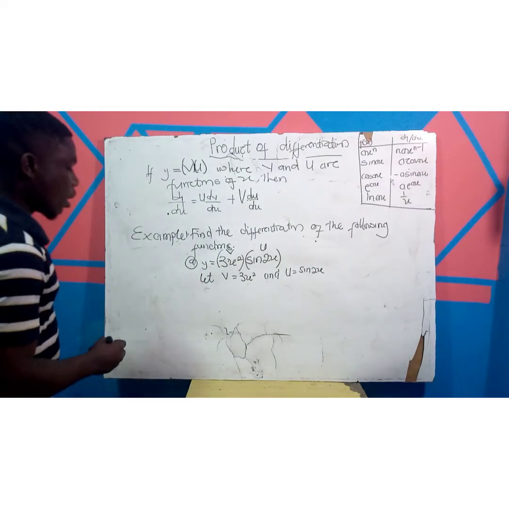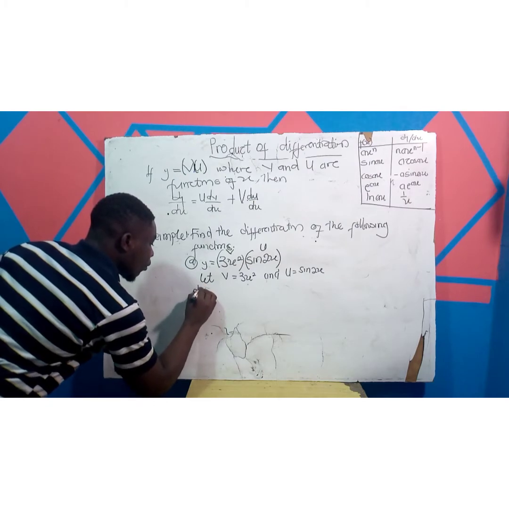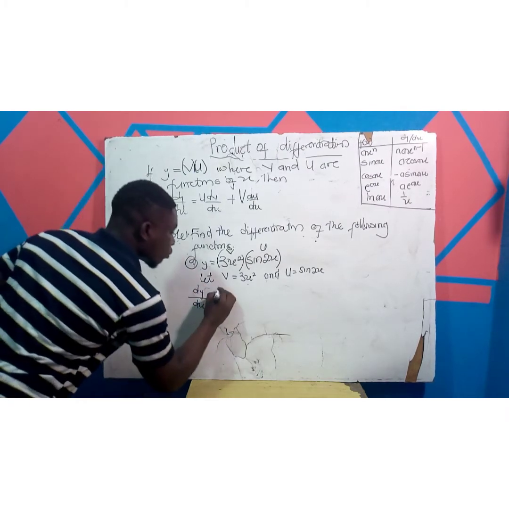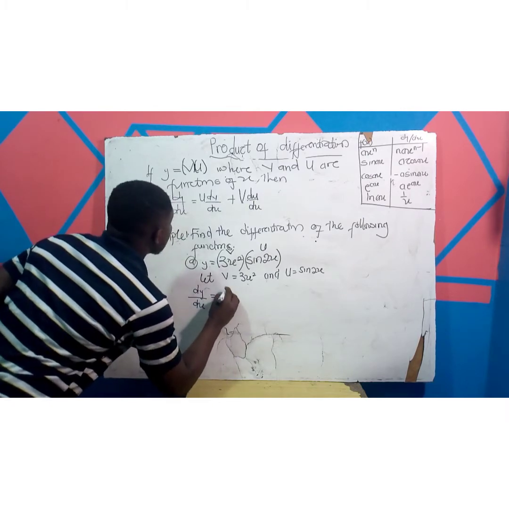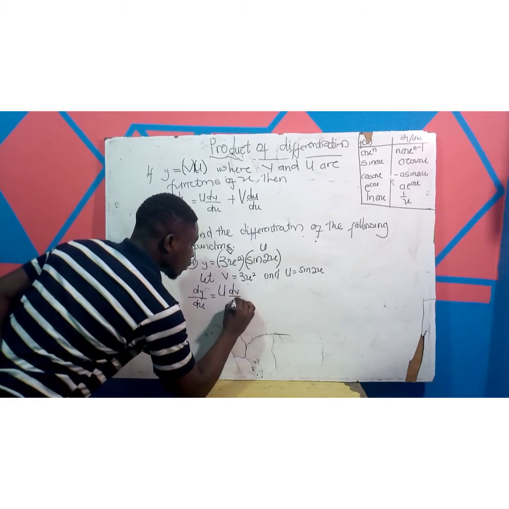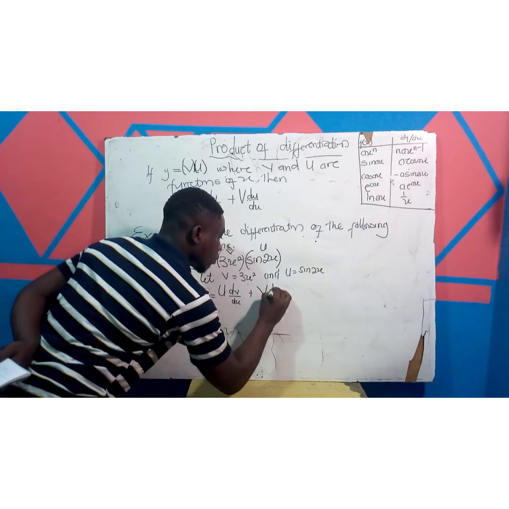Good. Now from here, we know dy/dx is equal to u dv/dx plus v du/dx.